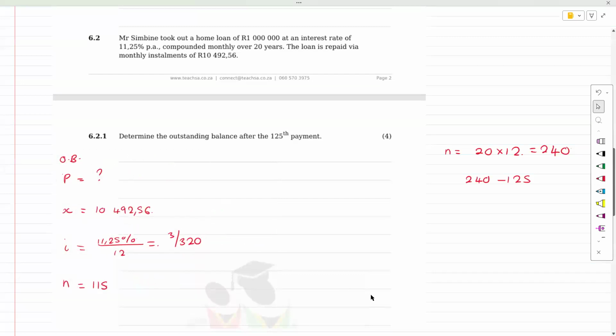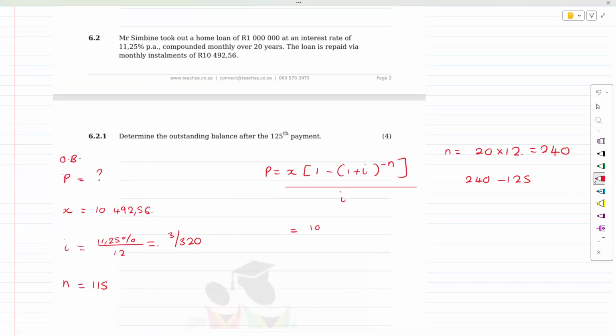There is the compound interest minus future value, but I'll show you guys that next. So this would be P equals X into 1 minus 1 plus i, to the power of minus n, all over i.